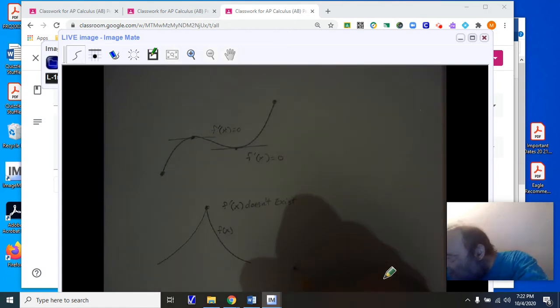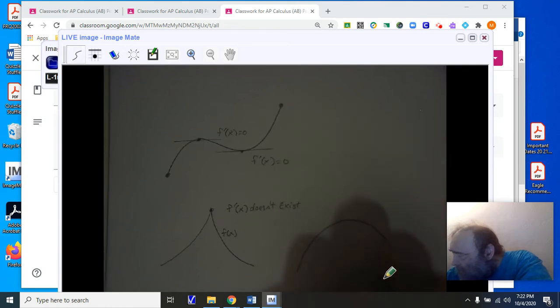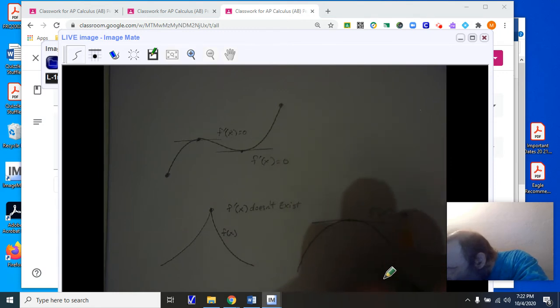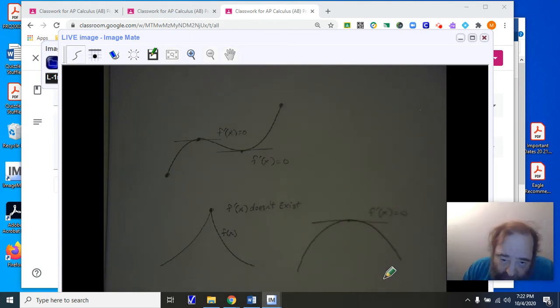Now, just as easily, we could have a relative maximum at a critical value that does exist. Now we have a derivative that equals zero and does exist. We have something that is smooth and differentiable.